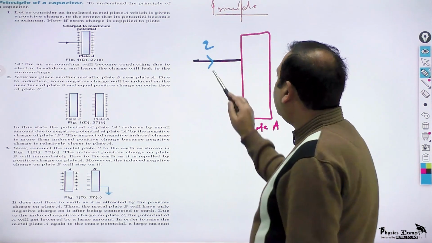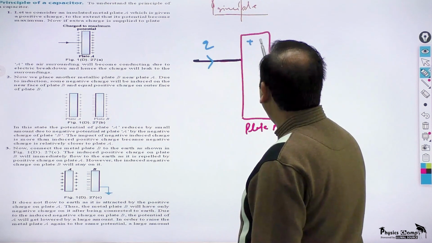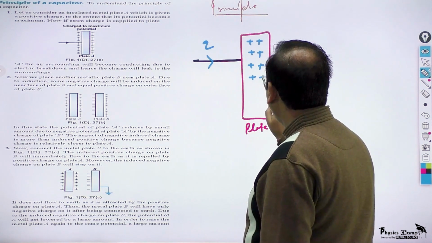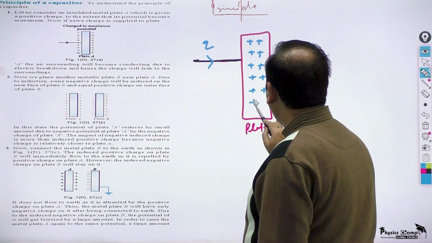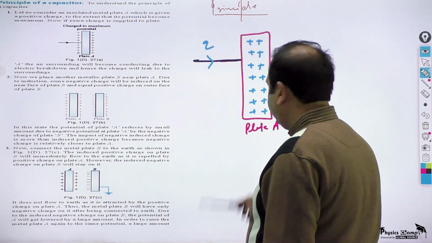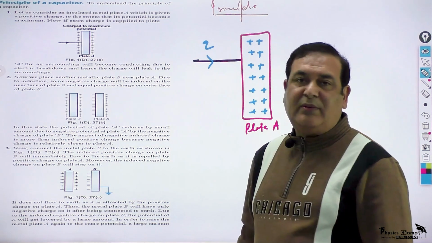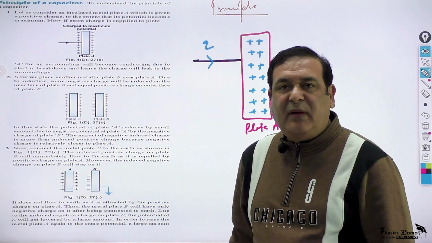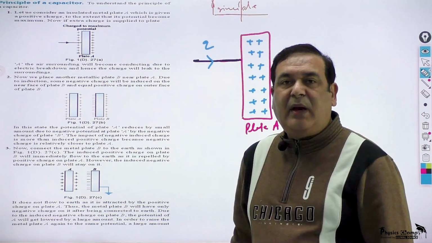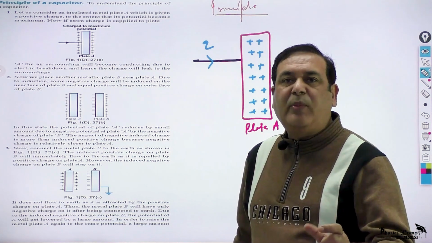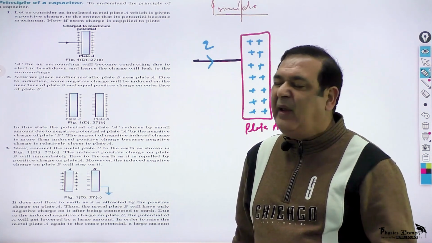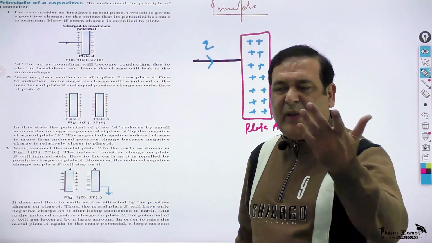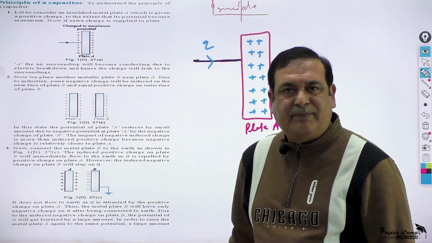And when the charge is supplied to this plate A, obviously the charge gets accumulated on this plate A. But the question is, as far as the space for accumulation of charge is concerned, any small plate A would be able to store an infinite amount of charge.